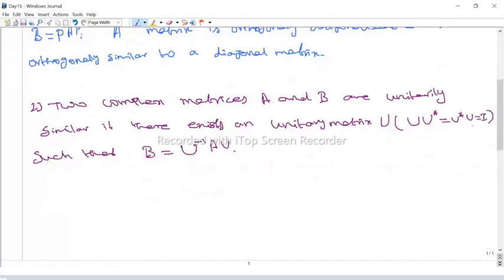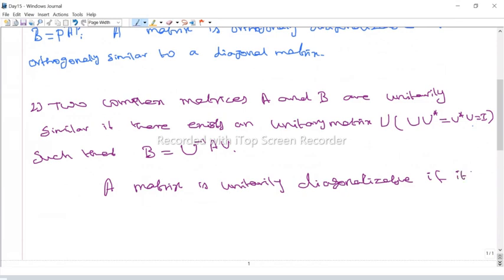That is, a matrix is unitarily diagonalizable if it is not only similar, but unitarily similar to a diagonal matrix.